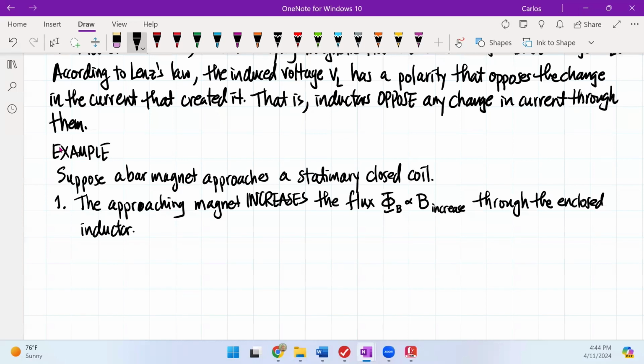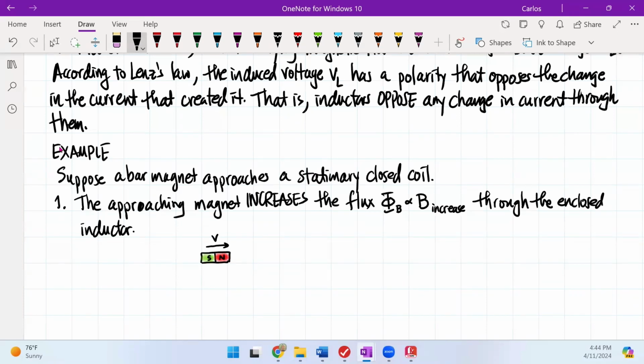So picture-wise, I imagine that we have a magnet. The red side here is going to be the north and the green side is going to be the south. So we'll write S and N. And now we know that it's moving in this direction.